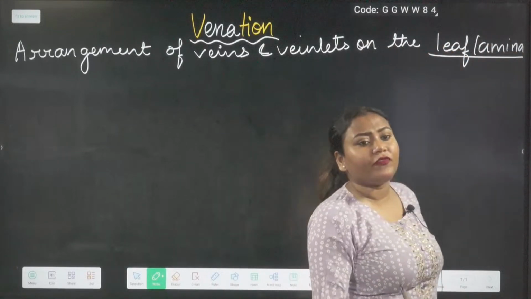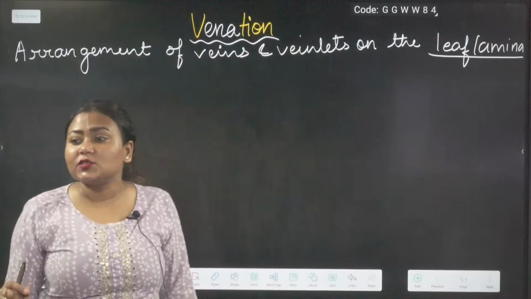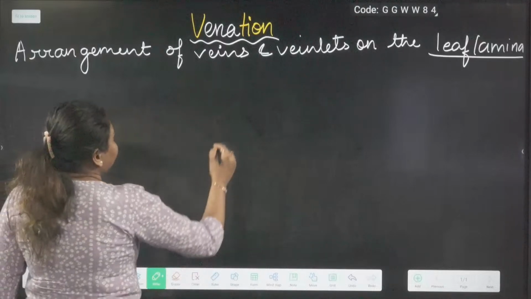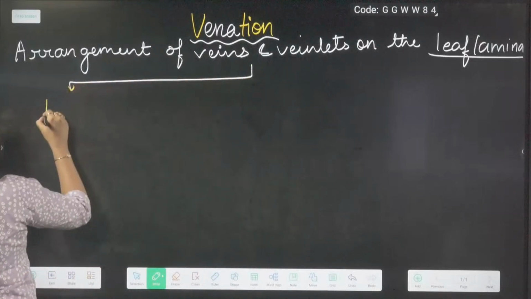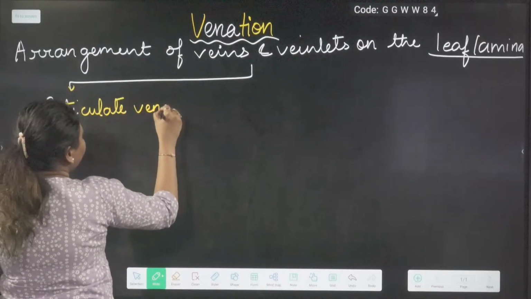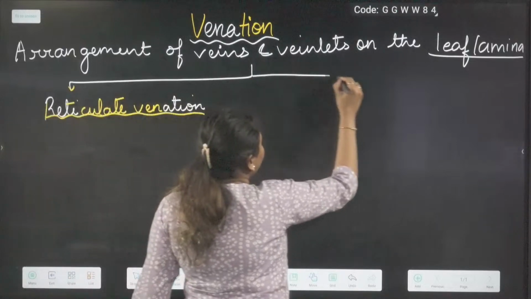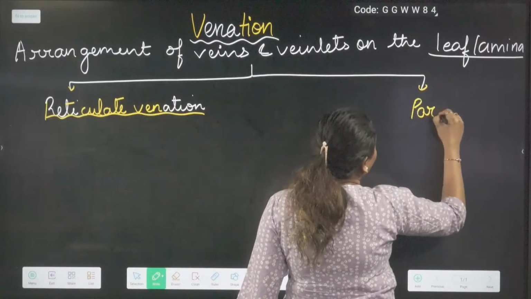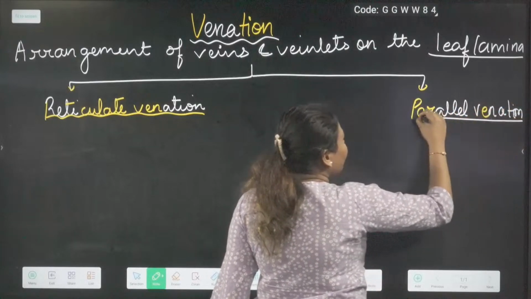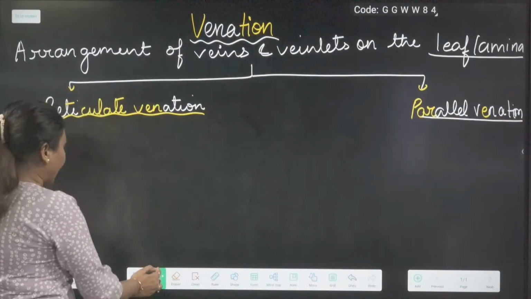The arrangement of veins and veinlets on the leaf lamina is known as venation. Venation is of two types: one is reticulate venation and another is parallel venation.